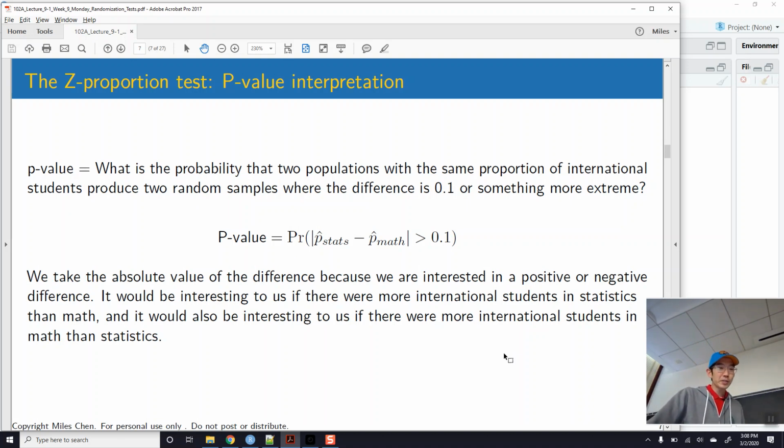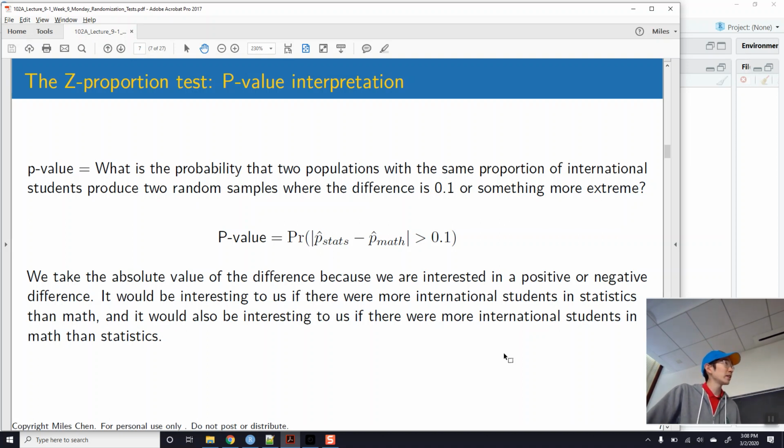In our case, we want to calculate the p-value. The interpretation of the p-value here is: what is the probability that two populations with the same proportion of international students would produce two random samples where the difference is 0.1 or something more extreme?